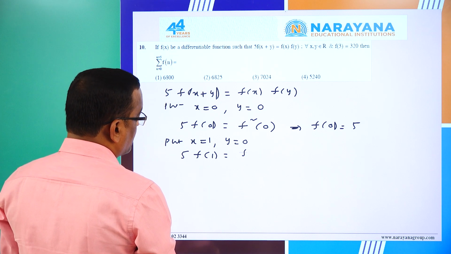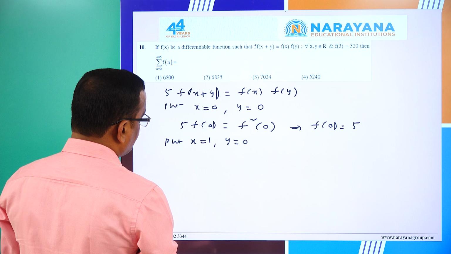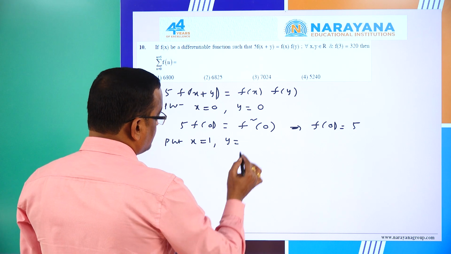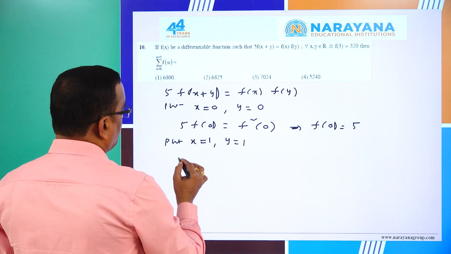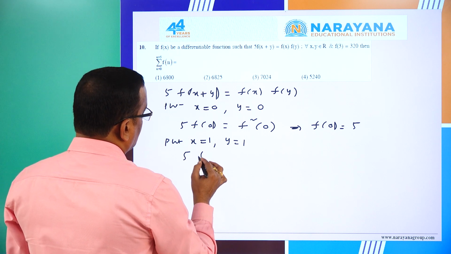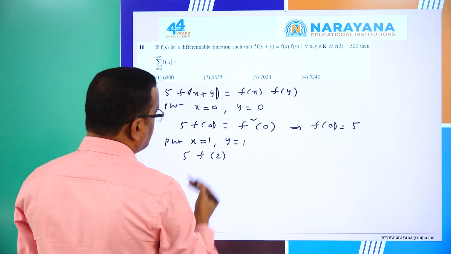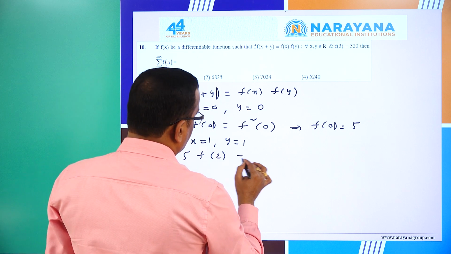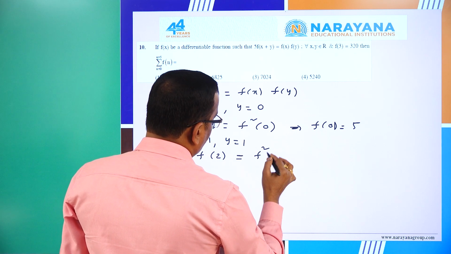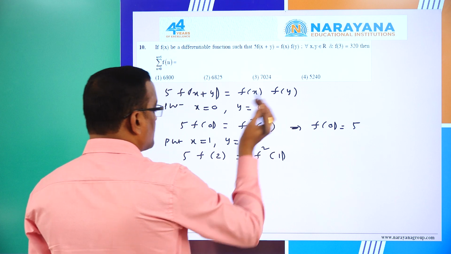Now put x and y both equal to 1 here. Then what you have? 5 times f of 2, since 1 plus 1 is 2, is equal to f square 1, f of 1 into f of 1.